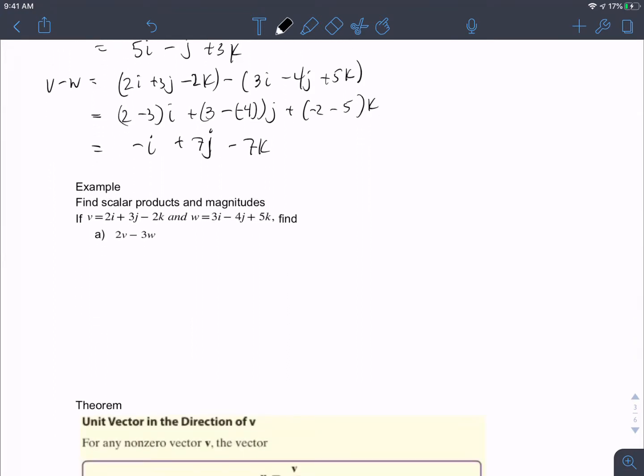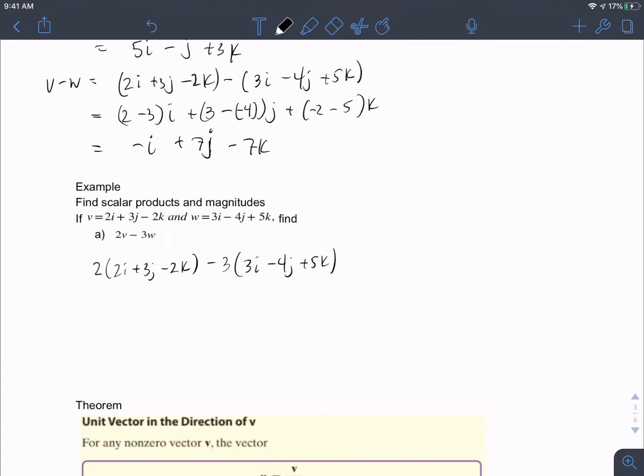So all the scalar is going to do is multiply the vectors first, and then once we've multiplied the vectors, we'll subtract them. So I'll go 2 times 2i plus 3j minus 2k minus 3 times 3i minus 4j plus 5k.